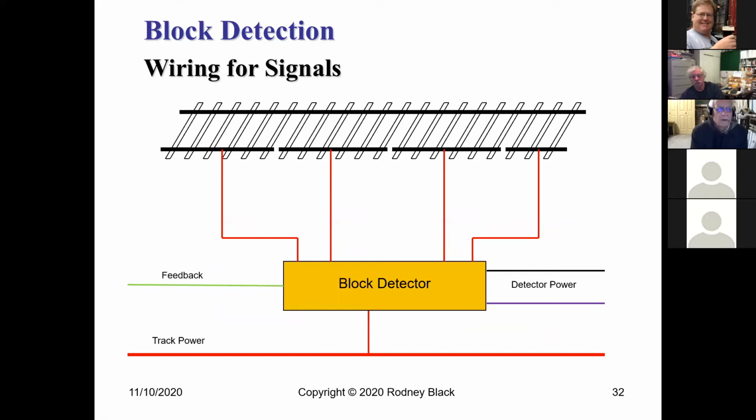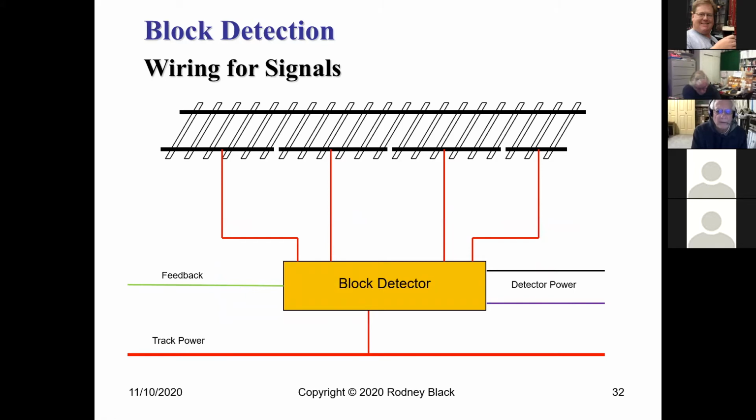So what some people do is, rather than use individual block detectors, you can get a board that has multiple block detectors on a single board. What that does for you is eliminate a lot of the wiring, because typically you have just one pair of wires coming out for feedback that go into your return bus or something.